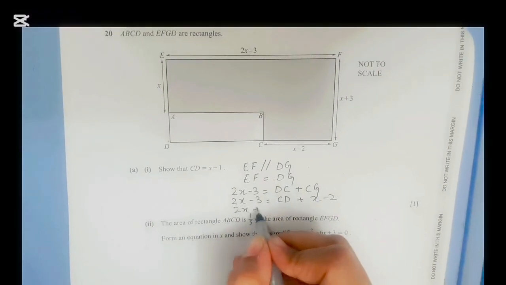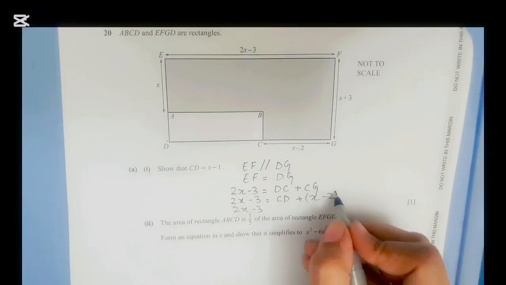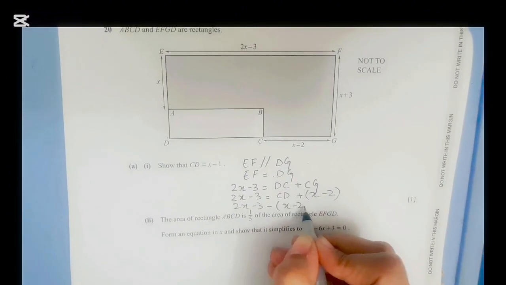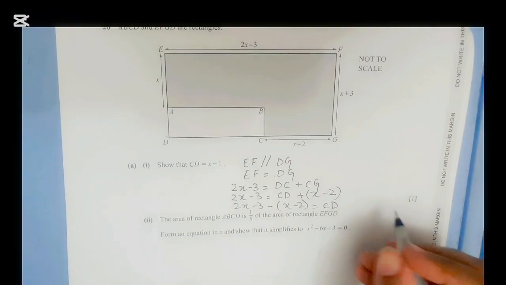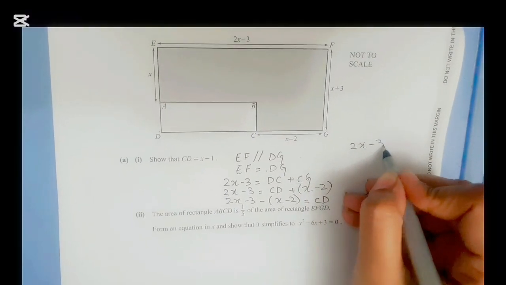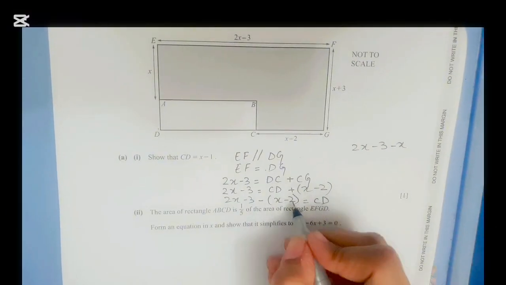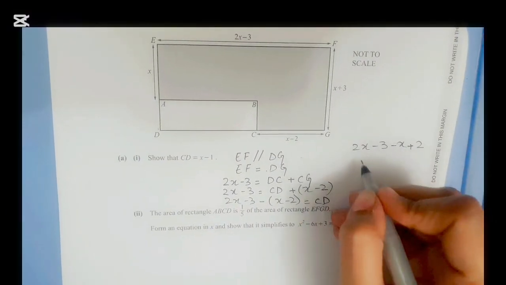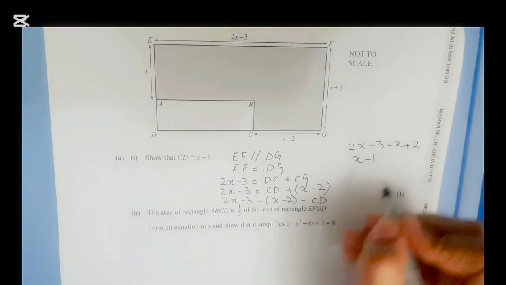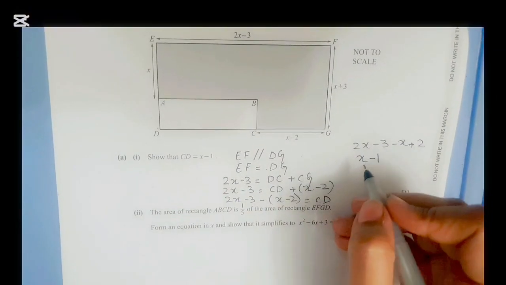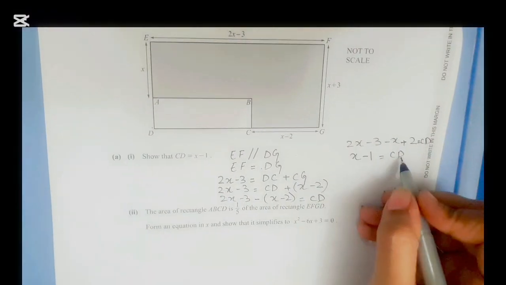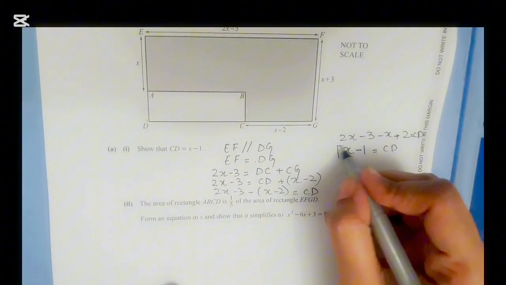Now 2x minus 3, and I am shifting this over this side, so I am writing it in minus. x minus 2 is equal to CD, and 2x minus 3 minus x, and minus minus would be plus 2. So 2x minus x is x, and minus 3 plus 2 is minus 1. So CD is equal to x minus 1. So we have shown this.